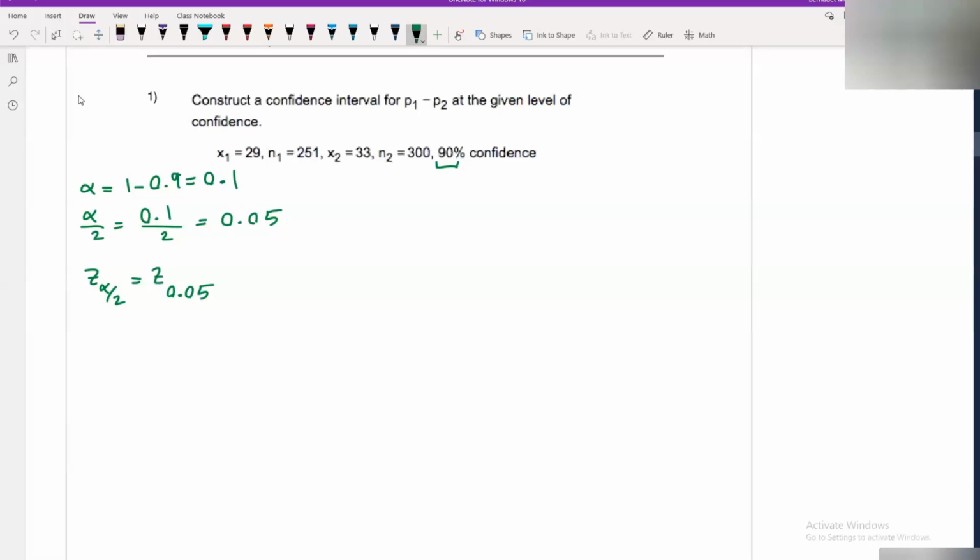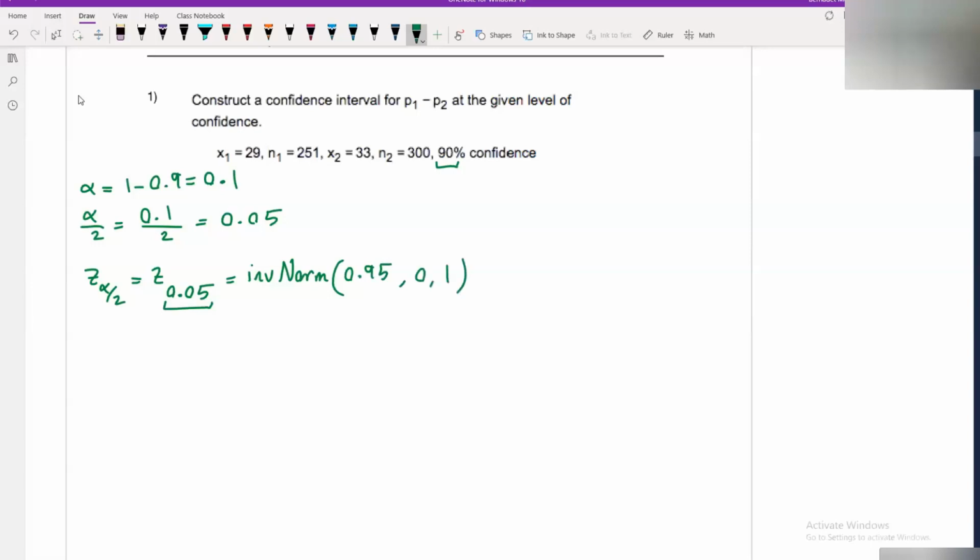Here again, we have to subtract from 1. We have area, we have to find Z, but this is again inverse. That is inverse, but because of having Z, it's norm. 1 minus this number is 0.95.